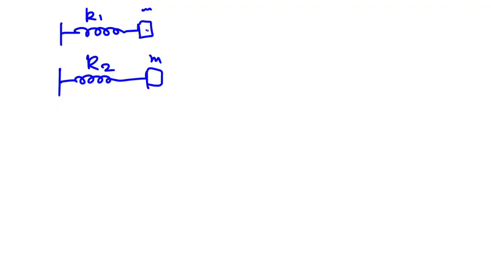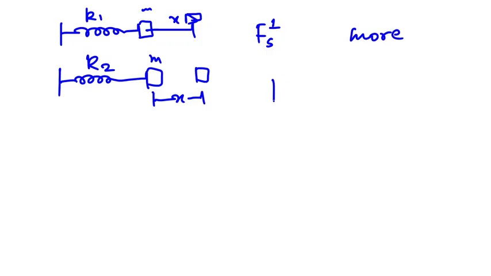And if you displace this mass by x here and this also by the same amount, and you find that the spring force in the first case is more compared to the spring force in the second case, then you will obviously get Fs equals minus kx.